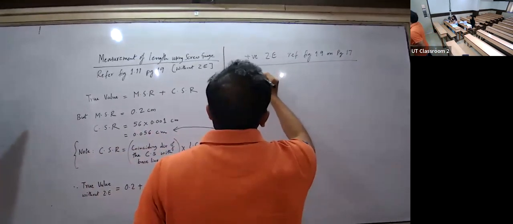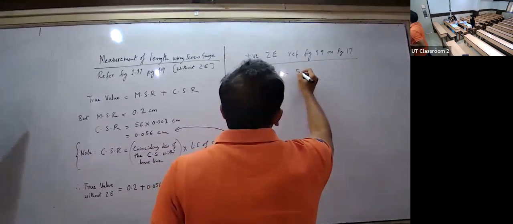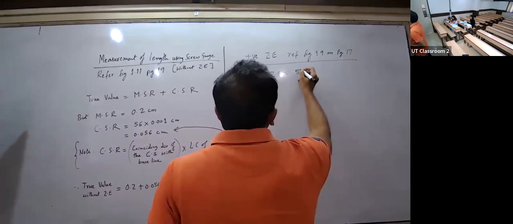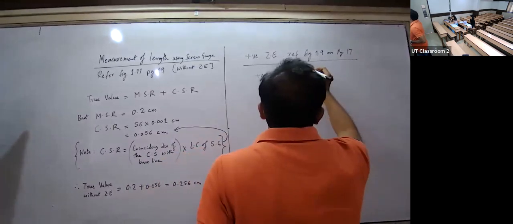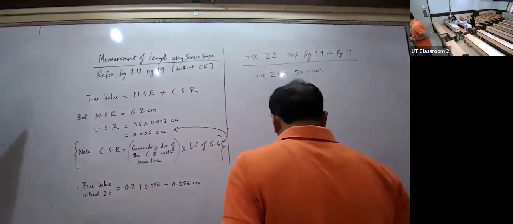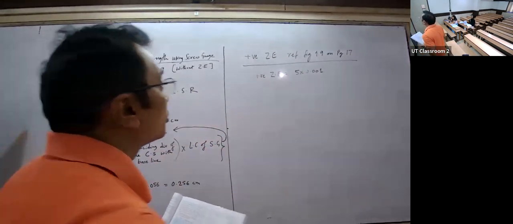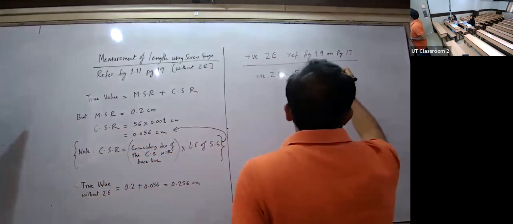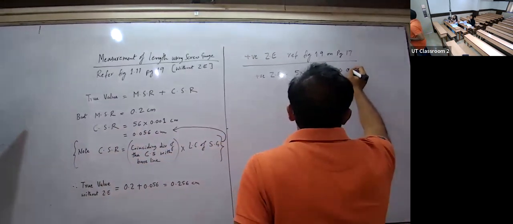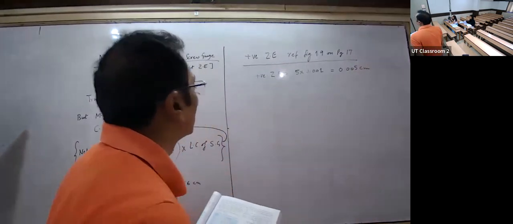So positive 5 into least count, which is 0.01. So how much is this? Yeah.